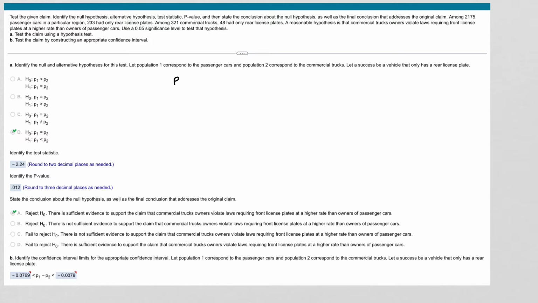We have our passenger cars, and we know that there are 233 who have only rear license plates, out of the total number of passenger cars, 2,175. And we're going to compare that to commercial trucks.